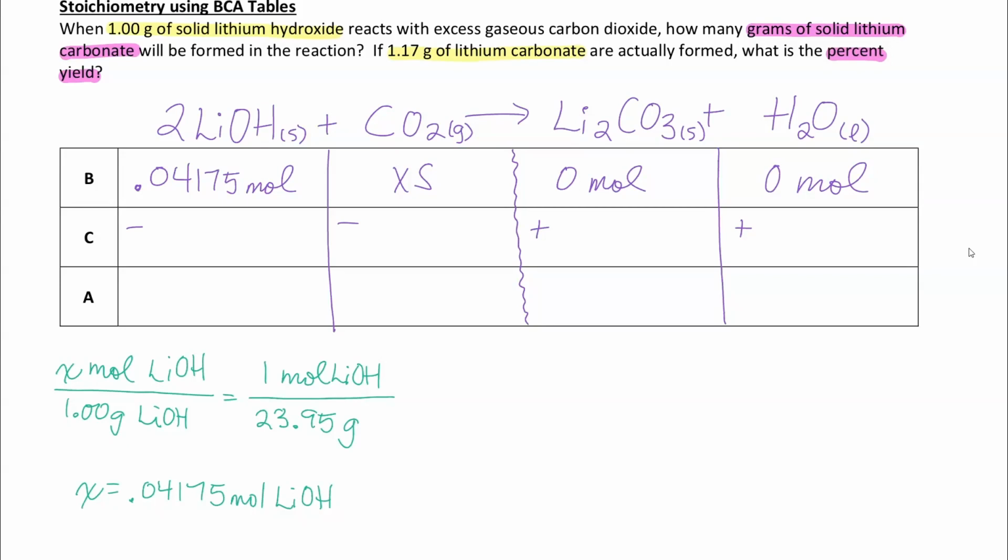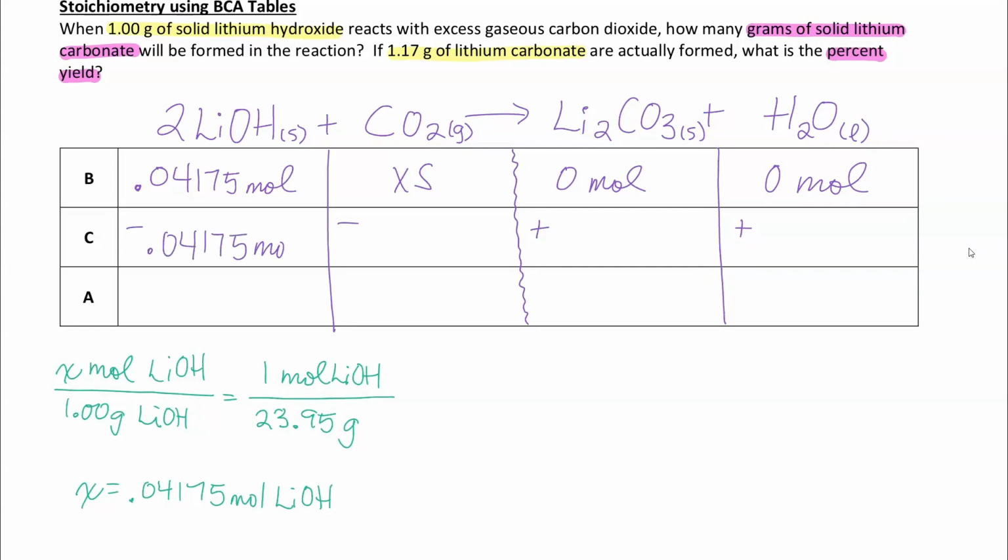Okay, so I also like to include the signs for the change before I do anything else. All right, if carbon dioxide is in excess, we know we have to use all the lithium hydroxide. So we're going to subtract all the moles of lithium hydroxide.